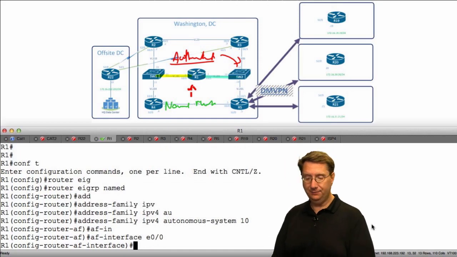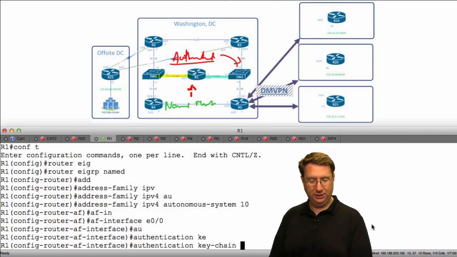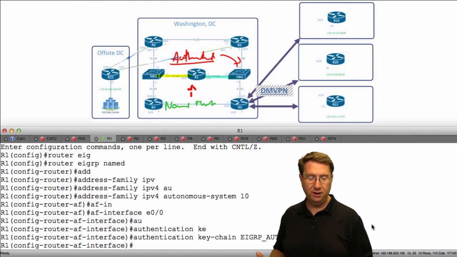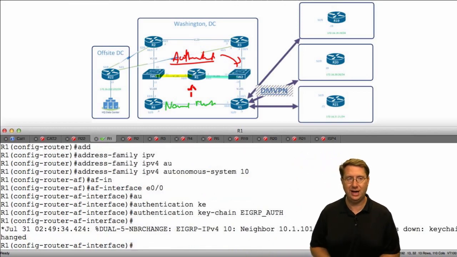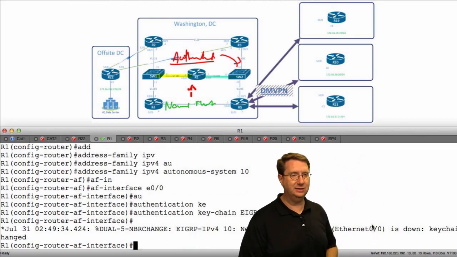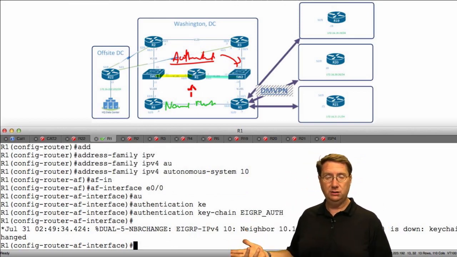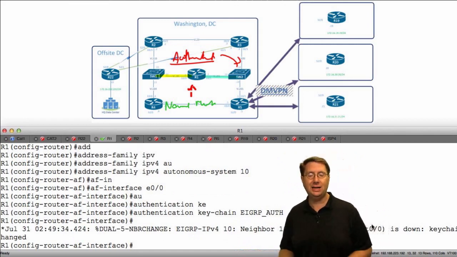And I'm going to say authentication keychain. The keychain that I want to use is going to be EIGRP_auth, the same thing that we used for our message digest. And what we're going to see is my link is going to go down. The reason is my keychain changed. The output on the console is going to tell me exactly what the problem was.